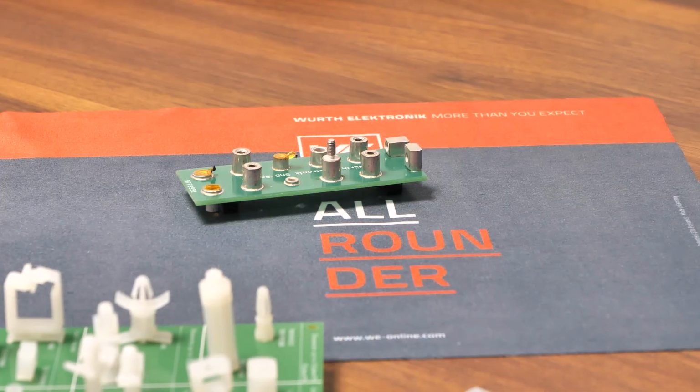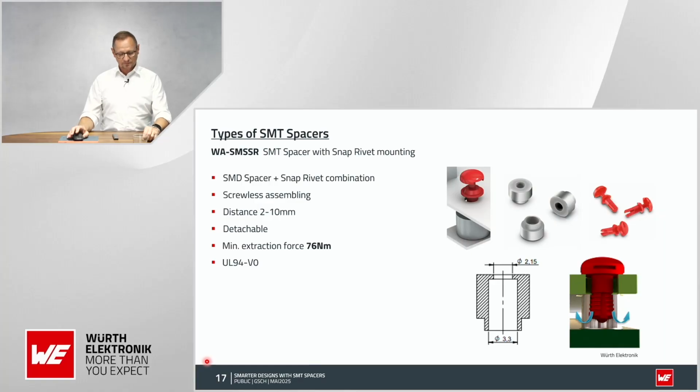So therefore, here on the camera, this small component is the snap rivet, and you need a dedicated SMT spacer. You see here the bore hole is a little bit smaller than the general hole, and you just put those two components together and push it in, and you will end up with a really, really strong connection.